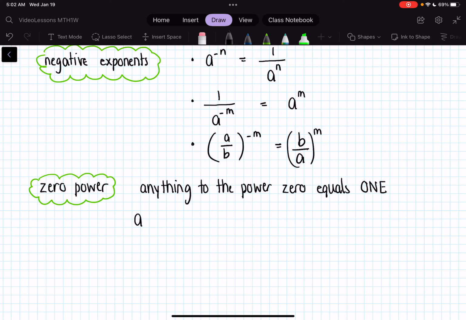So basically, if I have any base, it doesn't matter what it is, and I raise it to the power 0, then I will have 1. Okay, so take down these notes and make sure that you have them to refer to, because in the next two videos we're going to actually use all these rules, okay?